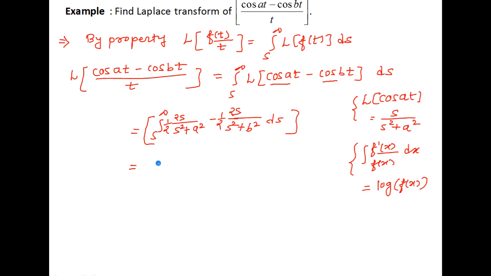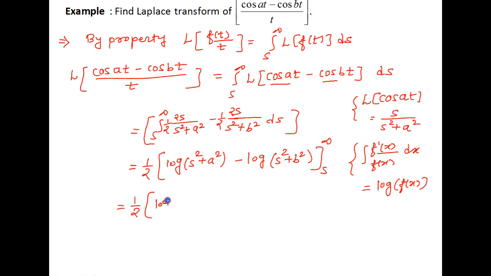Okay, so here taking this 1 by 2 common, the integration of 2s upon s square plus a square is log of s square plus a square minus log of s square plus b square, and applying limit from s to infinity. So here then 1 by 2, by the property of logarithm, log of s square plus a square upon s square plus b square, log a minus log b is log a upon b, applying limit from s to infinity.